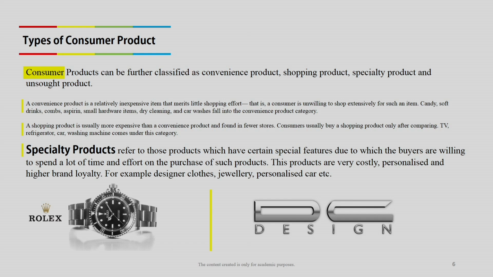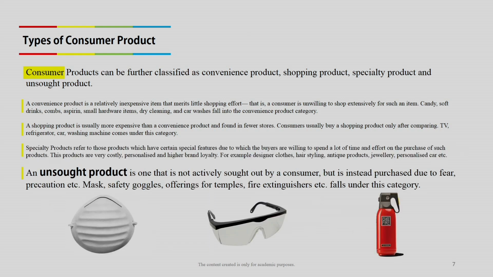For example, designer clothes, jewelry, personalized car, etc. An unsought product is one that is not actively sought out by a consumer, but is instead purchased due to fear, precaution, etc. Mask, safety goggles, offerings for temples, fire extinguishers, etc. fall under this category.